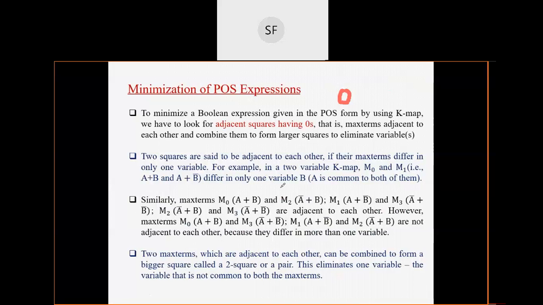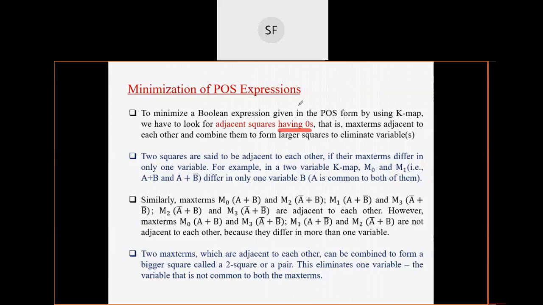I will just read these few points. We have already seen this in SOP, but again, जितना आप ऑब्जर्व करोगे उतना अच्छा. So now to minimize the Boolean expression given in POS form by using K-map, we have to look for the adjacent squares having zeros. So this is important. What you have to observe is adjacent cells which are having zeros, right?